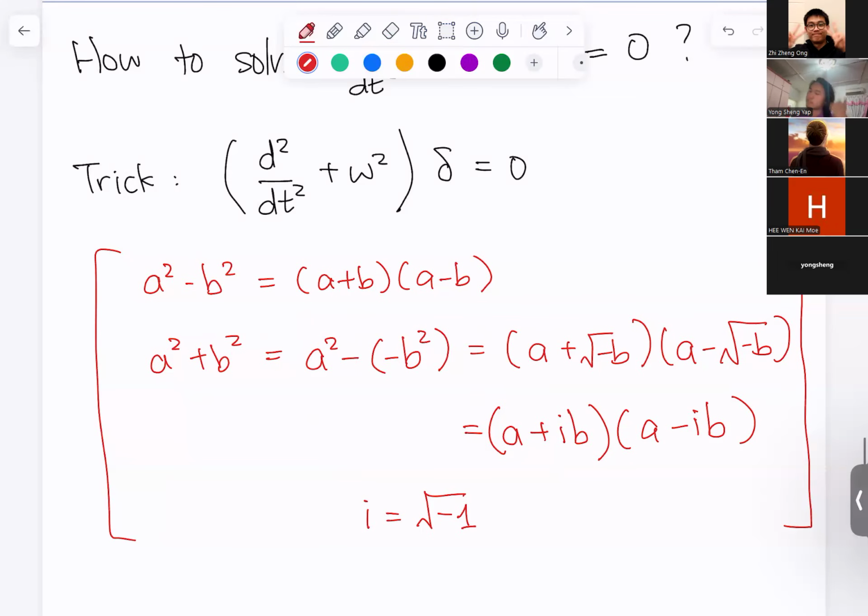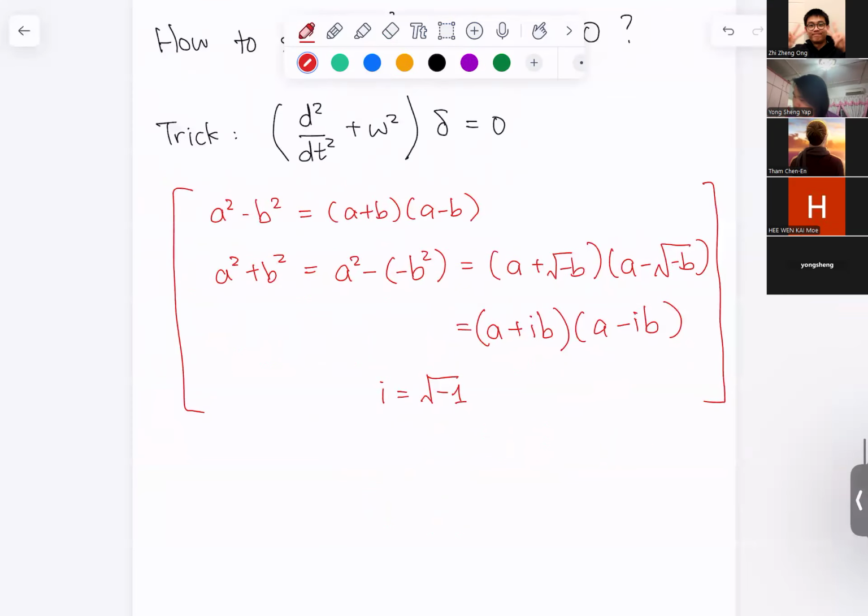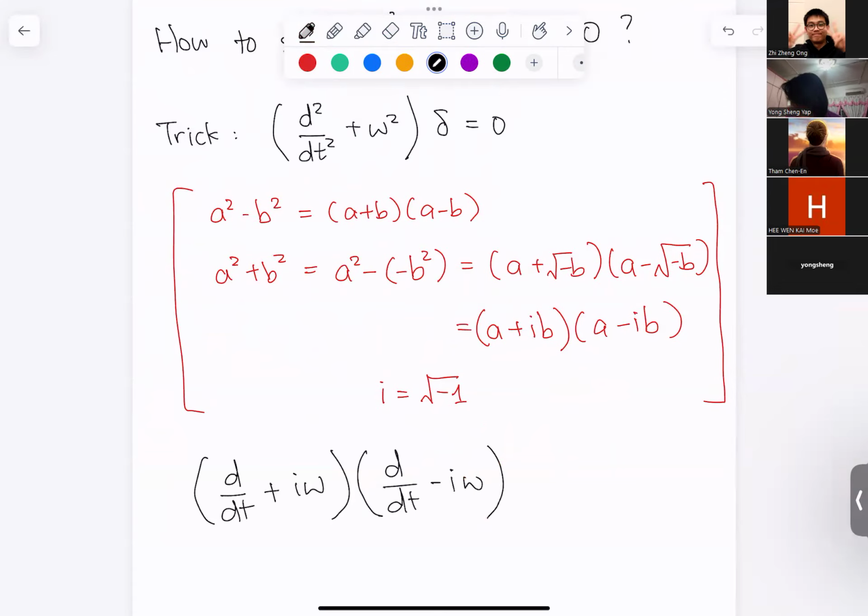This is a trick that we can use. So basically, from this equation, we'll try to factorize it again, such that to break into a smaller chunk, such that this thing I can write as d over dt plus i omega, d over dt minus i omega, delta is equal to 0.